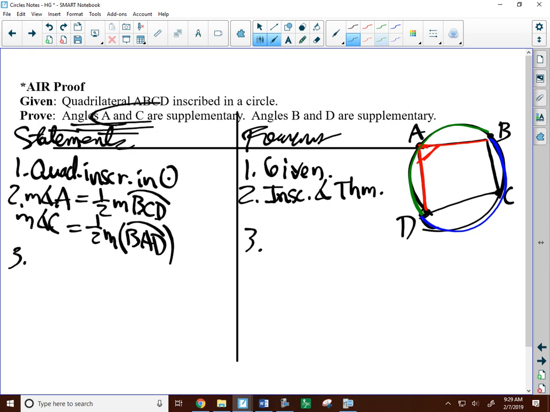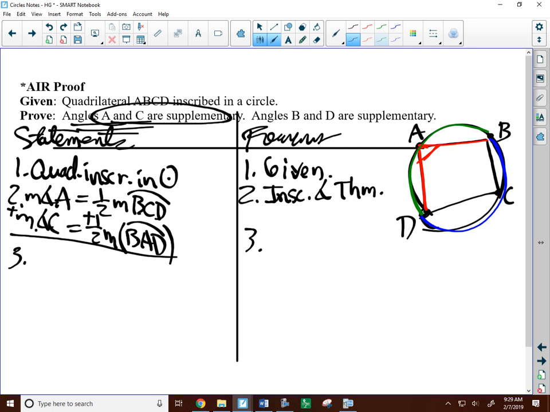Here's what I want. Measure of angle A plus measure of angle C is 180, because then they'd be supplementary. So let's get A and C together. What I'm going to do is simply add these two equations here.